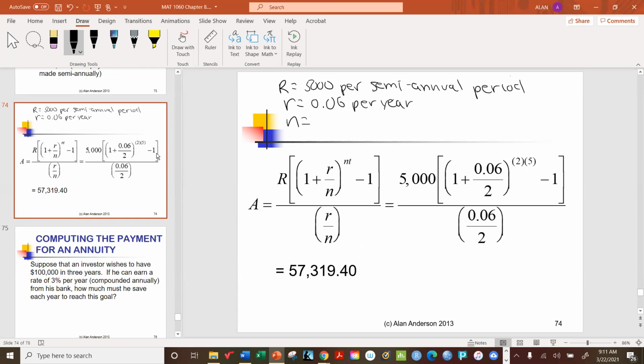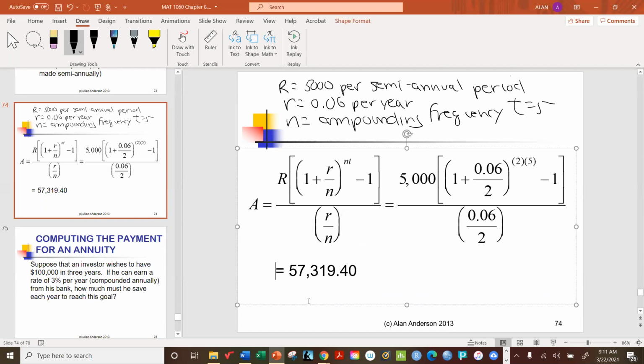N is the compounding frequency. And of course, T is 5 for 5 years. Now, you can see that clearly the numbers have been plugged in correctly. But what should we do to make this easier to solve for?